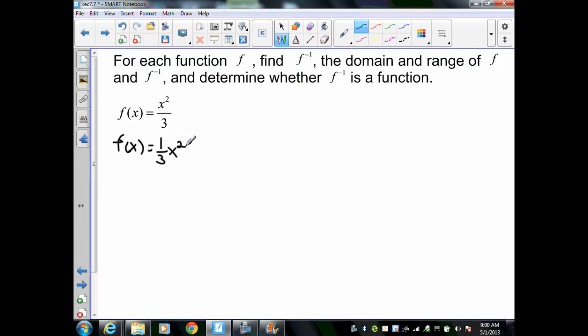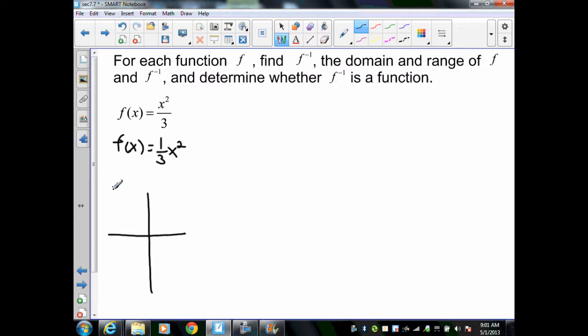Since I know this is a quadratic, the graph is going to be U-shaped. Nothing is added or subtracted from that term. Therefore, on a graph, this is not going to have a vertical shift up or down. Also, I don't have a set of parentheses with something added to x or subtracted from x, so it's not going to have a left or right shift. So I know the only thing I have to worry about is my 1/3, which is a stretch or a shrink.